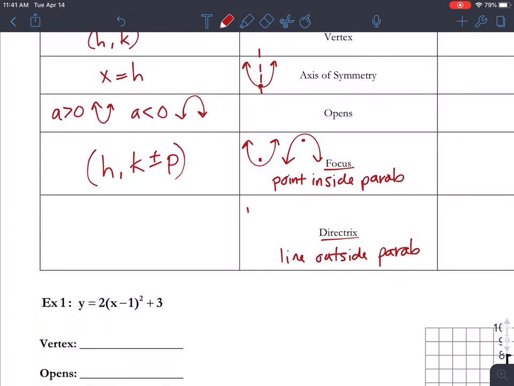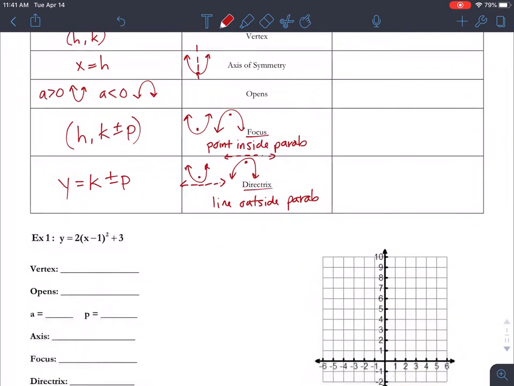For a directrix, if I've got my focus, my directrix would be below the vertex, or if I draw on my focus below, it would be above. It's a horizontal line at our k value, which is our vertex. We're going to move up or down p, which is that distance from the vertex to the focus or the vertex to the directrix.